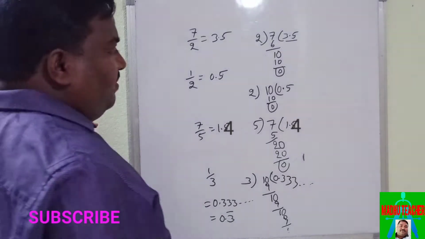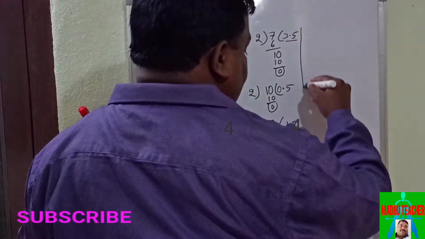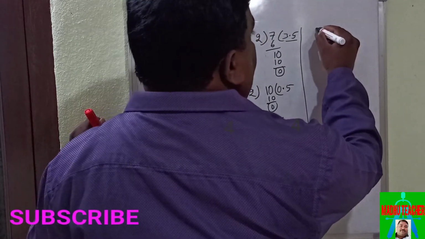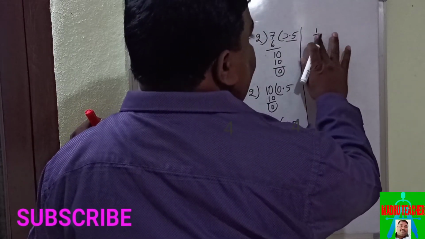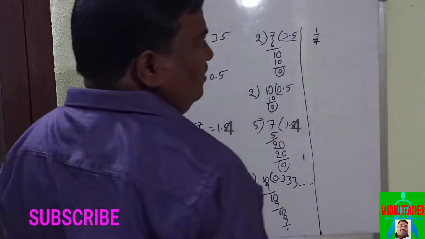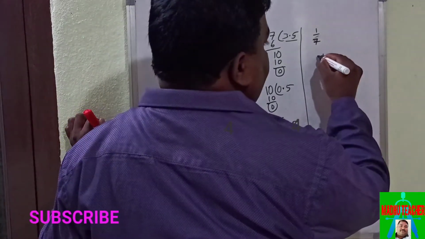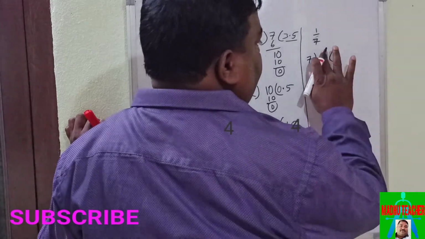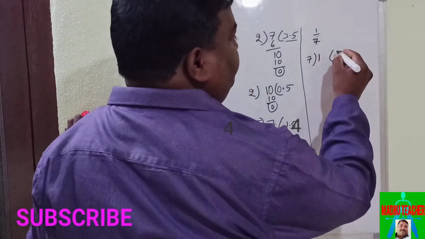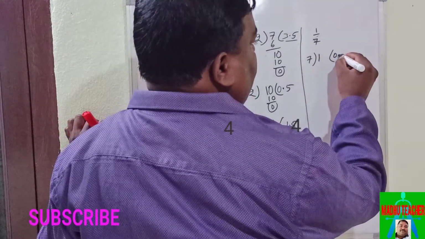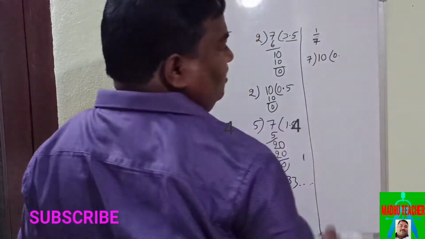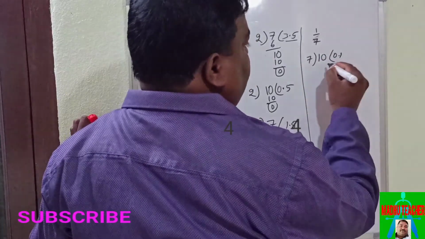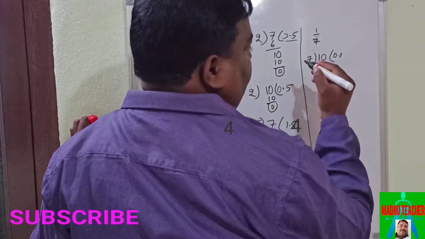Suppose 1 by 7. 1 divided by 7. We can write 0 point, so we get 0 here. 7 1s are 7, 3 remainder.